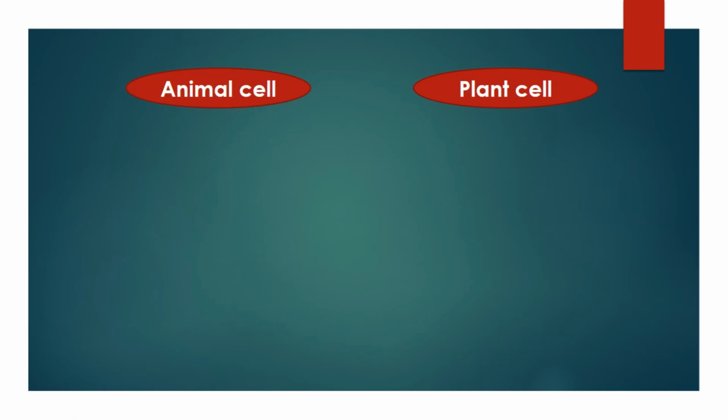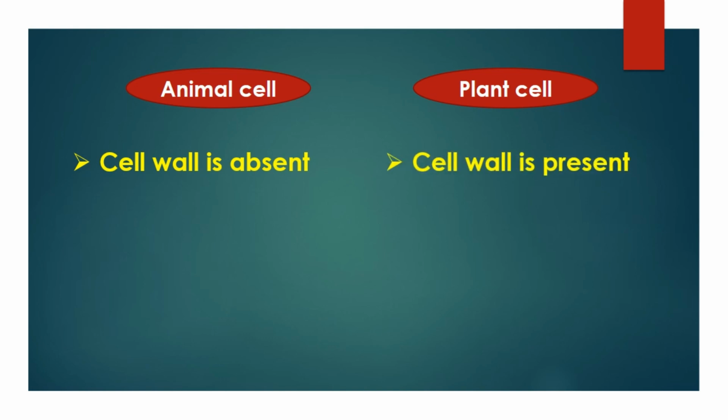What are the major differences you notice between these two cells? The major differences include cell wall is absent in animal cell while cell wall is present in plant cell.